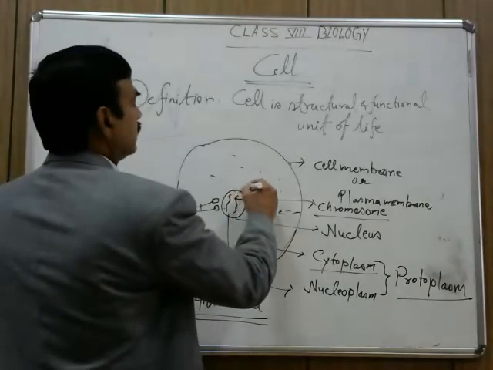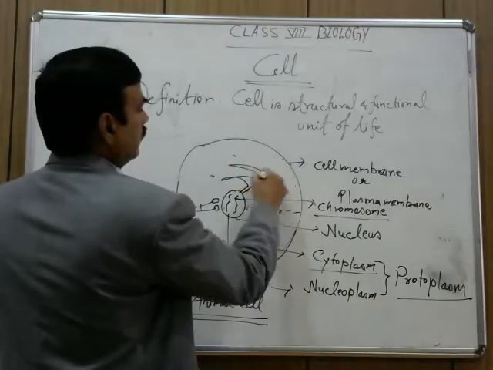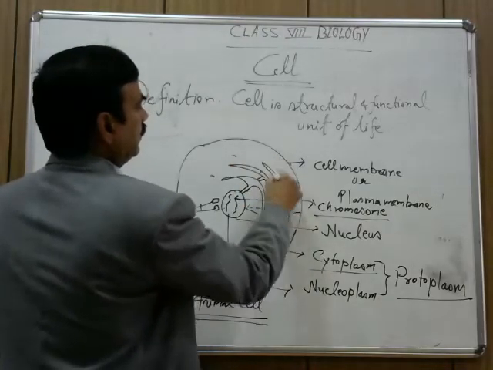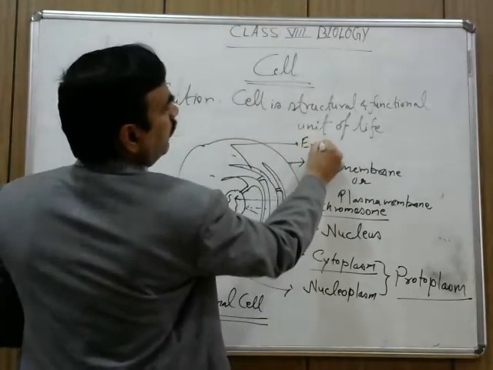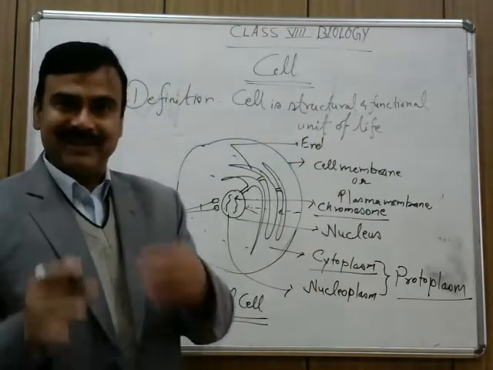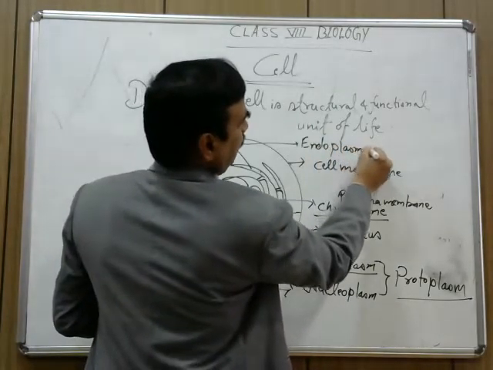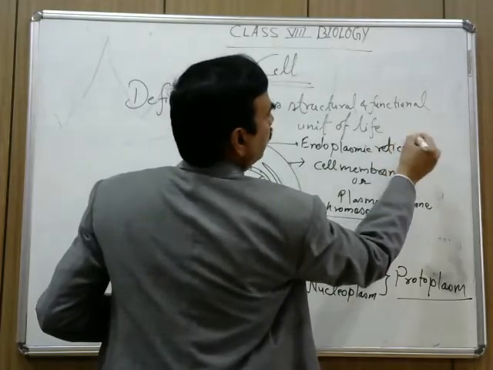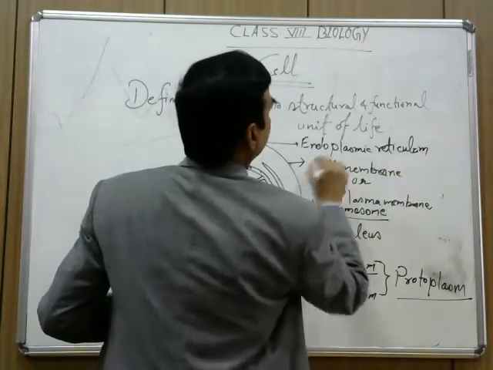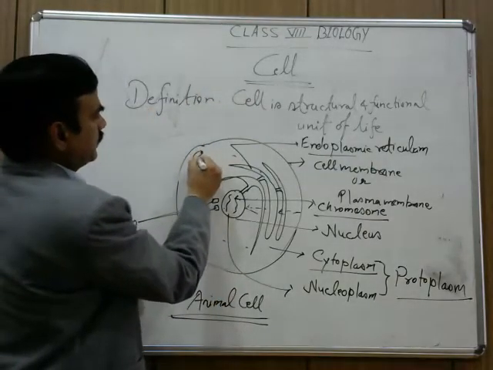Look at these structures, the network-like structure, the thread network. These are called endoplasmic reticulum. Okay, and here the Golgi complex.